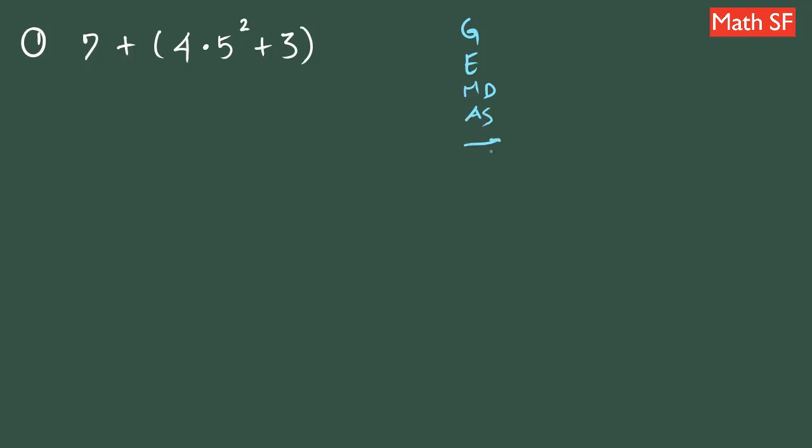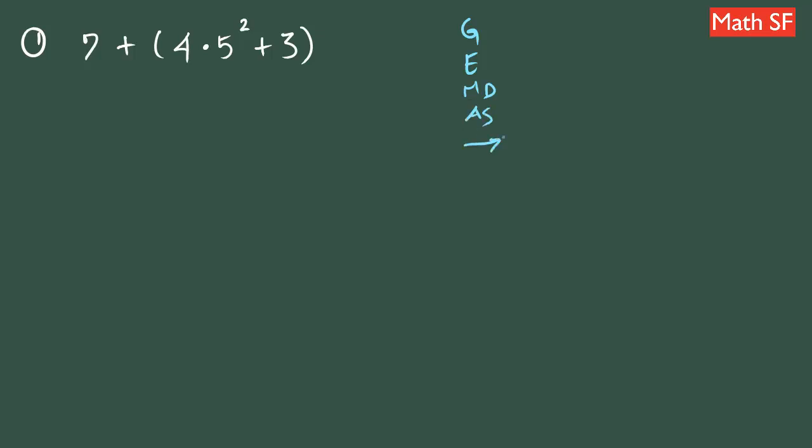Example number 1, we're going to have 7 plus parentheses 4 divided by 5 squared plus 3, and we close parentheses. Now let's recall our beloved GEMDAS, from left to right.